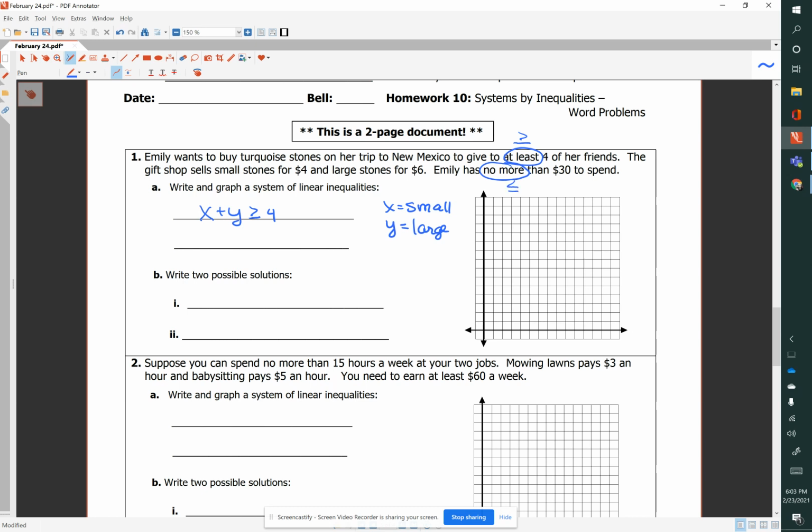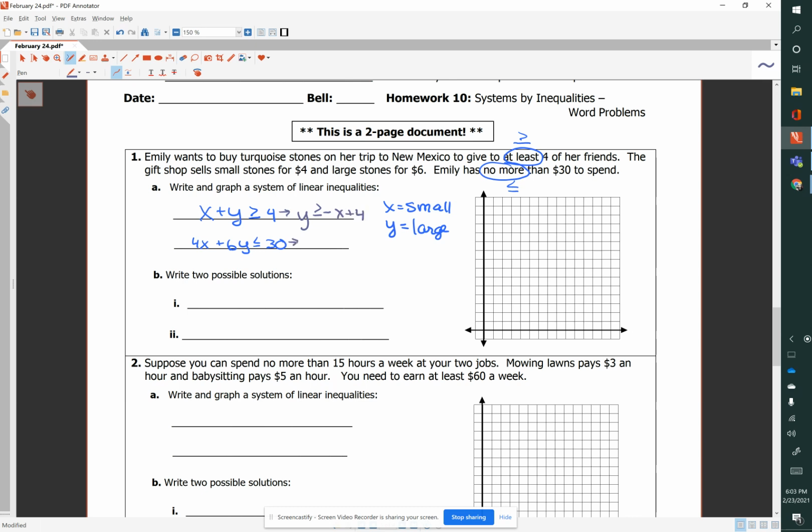So how much are these stones? Well, $4 for the small ones plus $6 for the large ones can be no more than $30. Now let's put these into slope-intercept form. In the case of the first inequality, y is greater than or equal to negative x plus 4.